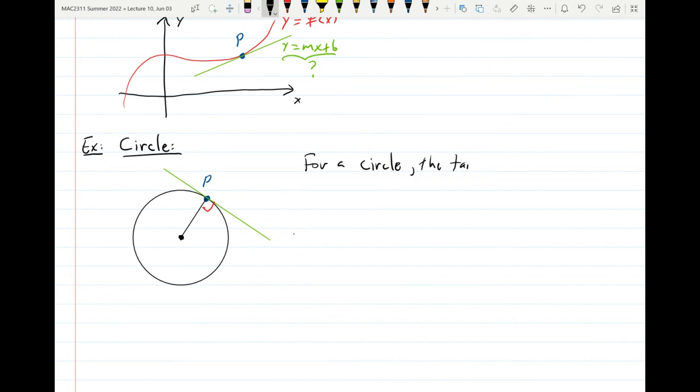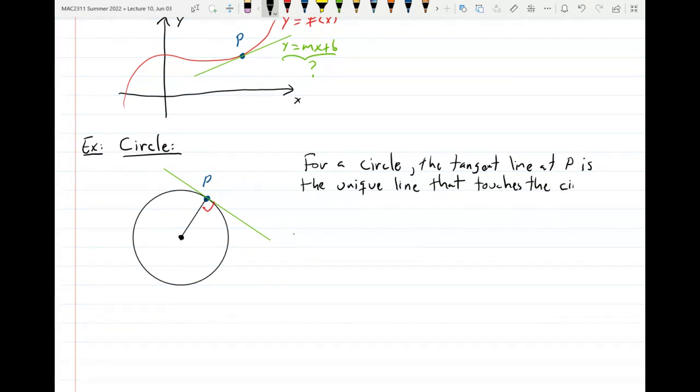The tangent line at P is the unique line that touches the circle at P and is perpendicular to the radius. Okay, there is only one line, and that's the tangent line to the circle.